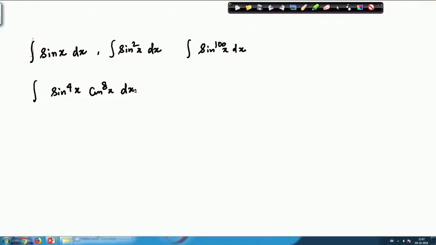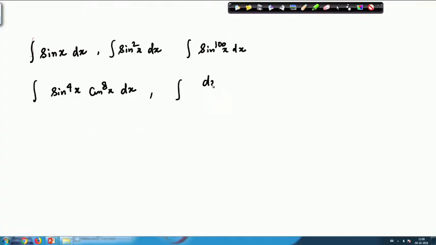If you are asked to evaluate an integral of this type, then even in this case it will be a little bit tedious to evaluate using our traditional methods. So in that case you need an induction formula to evaluate these integrals.